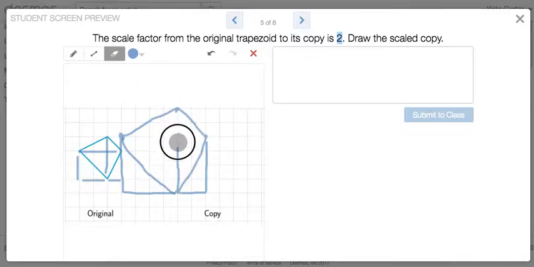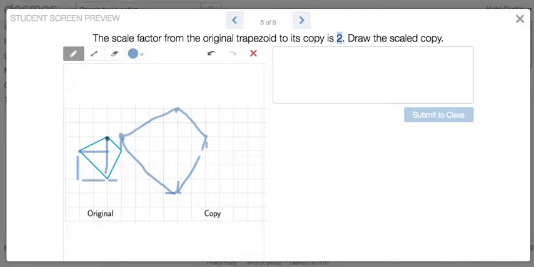And then I can get rid of my marker lines and just have my shape left. So it is now twice as large, even though I didn't actually measure out these side lengths here, because everything else is double. The side lengths I have drawn will also be double.